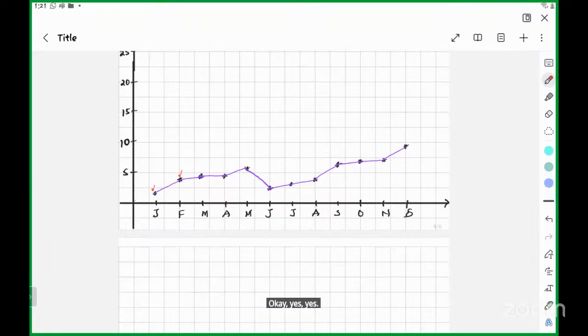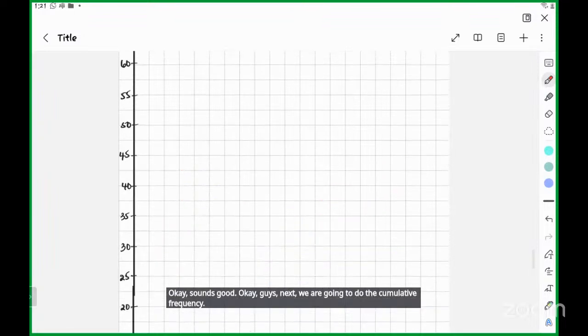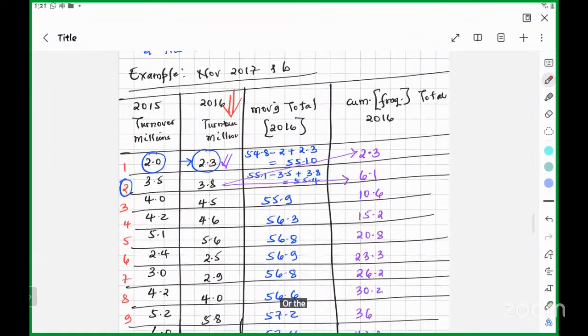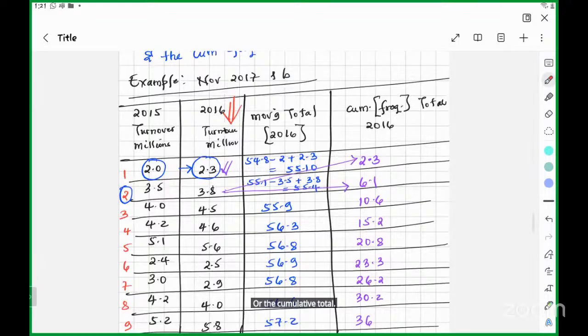Okay, sounds good. Okay, guys, next we are going to do the cumulative frequency or the cumulative total. So the first cumulative total is 2.3.